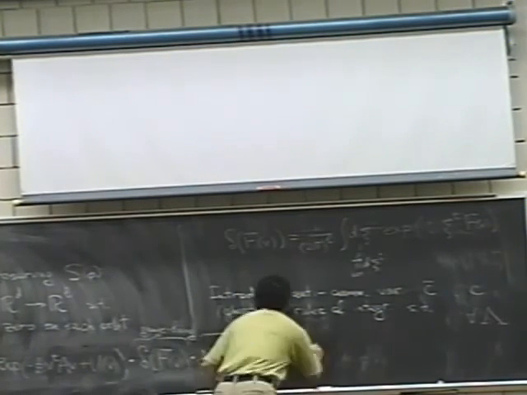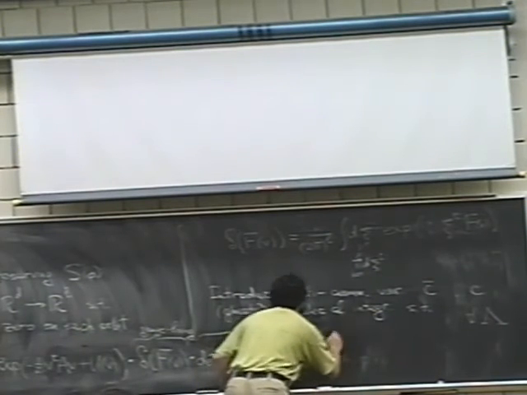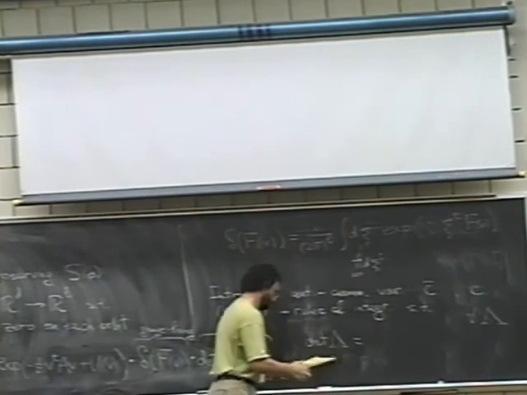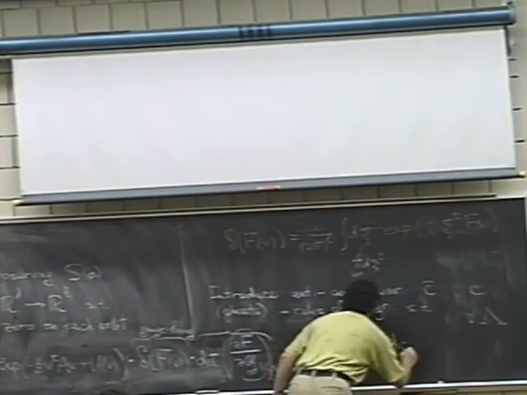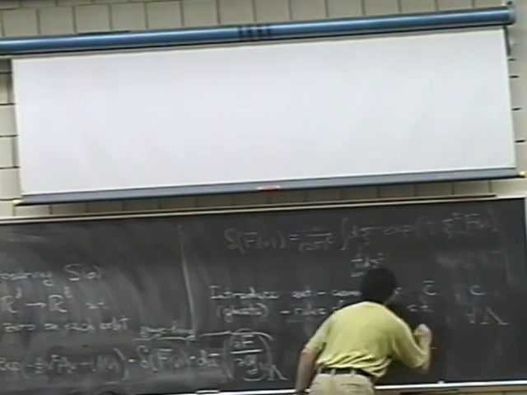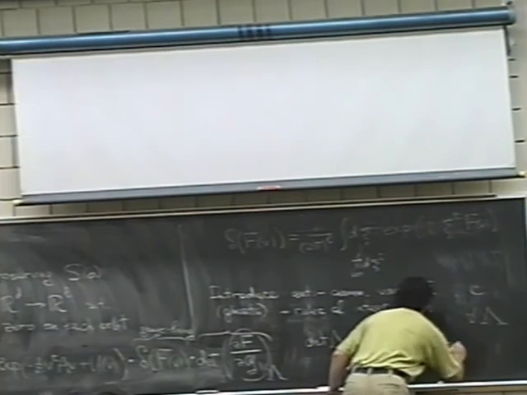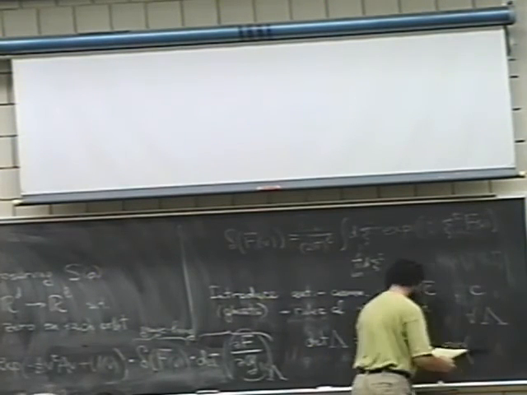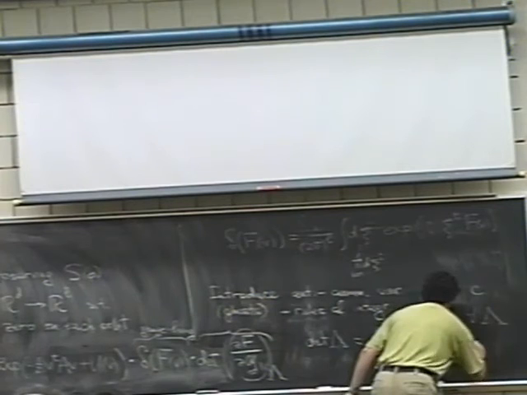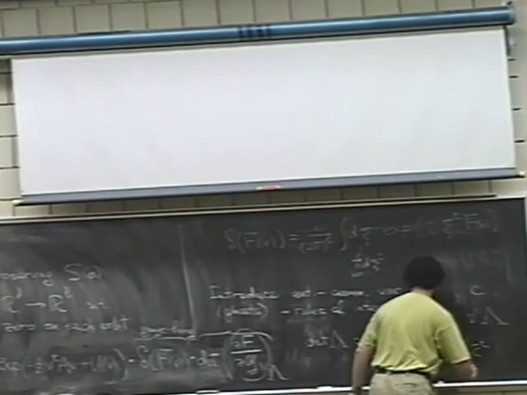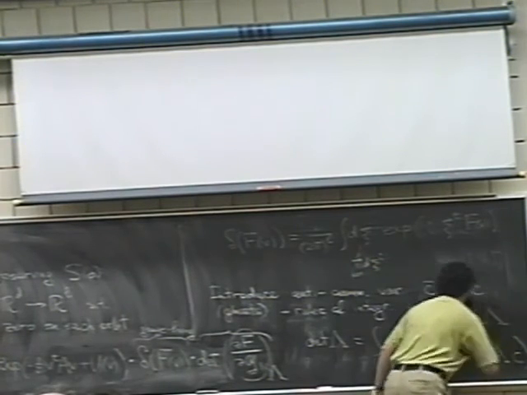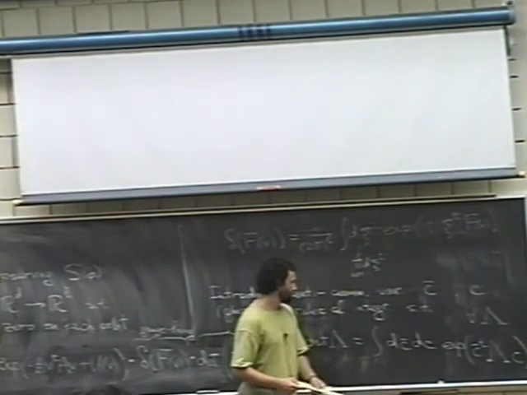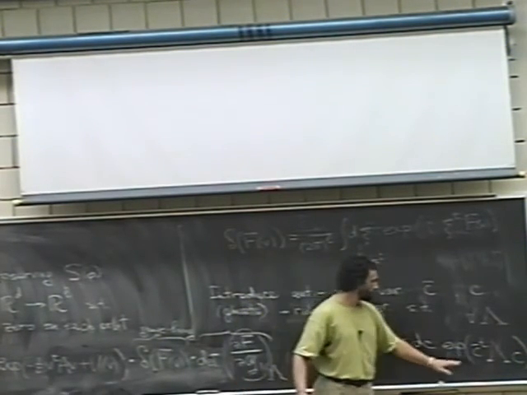Then the determinant of lambda I can write as the integral of dc bar dc of the exponent of c bar lambda c.